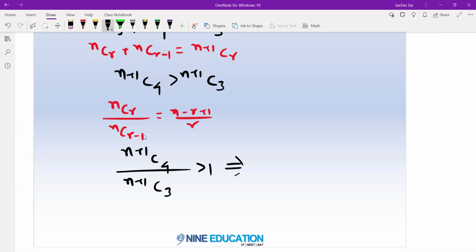This means n plus 1 minus 4 plus 1 divided by 4 should be greater than 1. Right? So I've made use of this result here. Even if you expand the binomial coefficients and simplify, you will get the same inequality. So from here, n minus 2 by 4 is greater than 1. So n should be greater than 6.